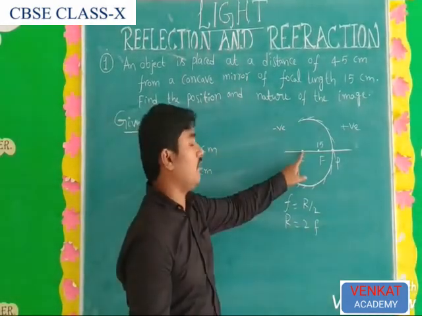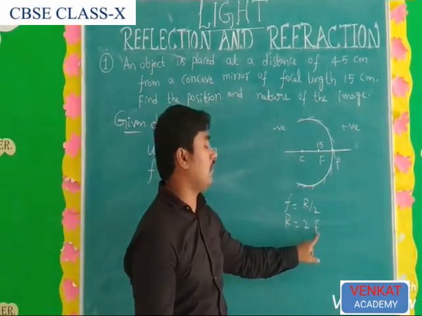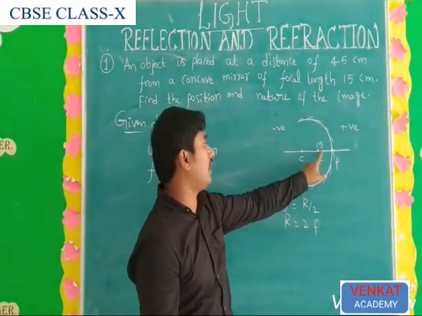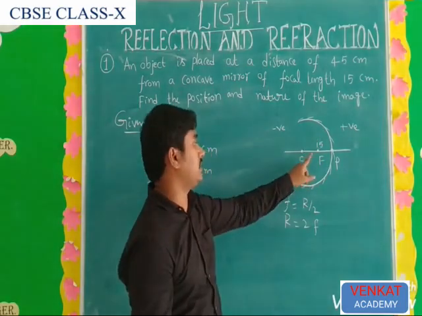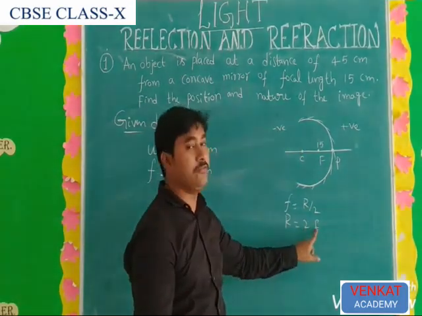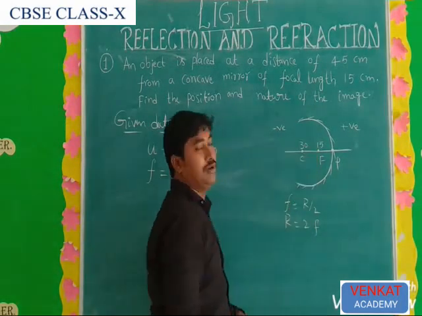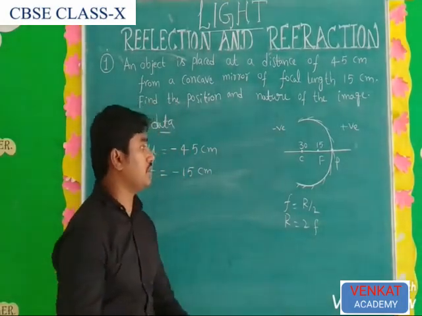The radius of curvature is always twice the focal length. We know the focal length is 15 centimeters, so twice means 2 into 15, which is 30 centimeters. The radius of curvature is 30 centimeters.